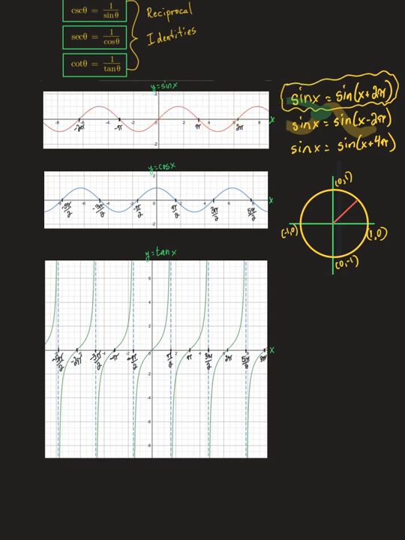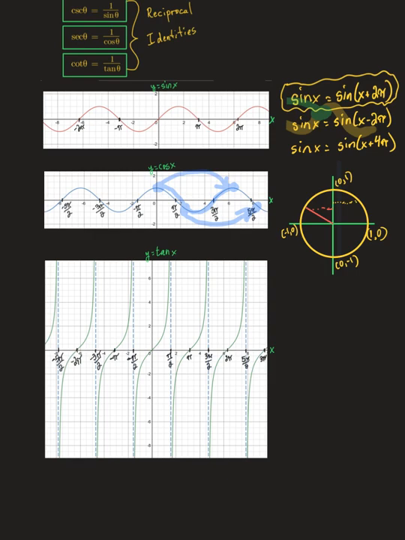Now the cosine of x is just the distance to the right, and so the same thing works for the cosine of x. If you go around by 2 pi, all the way around, it's going to be the same distance to the right. So no matter where you are, let's say we're right here, if I go around by 2 pi, it'll be the same distance to the right.